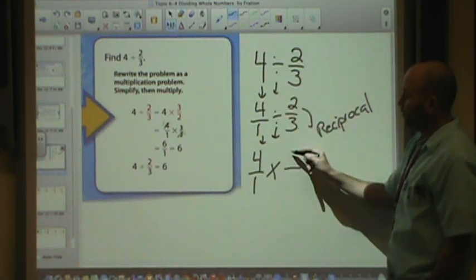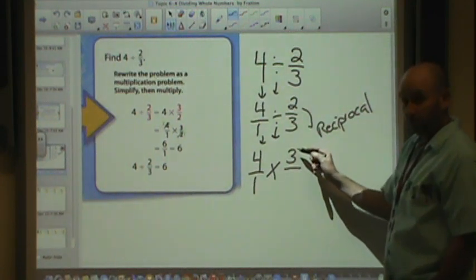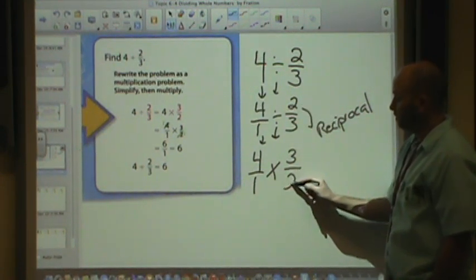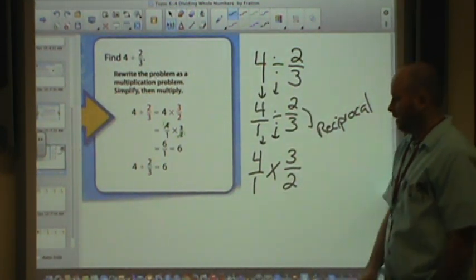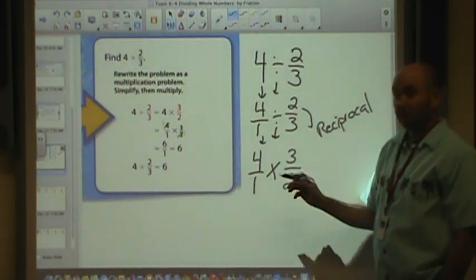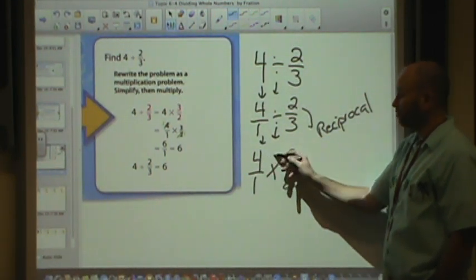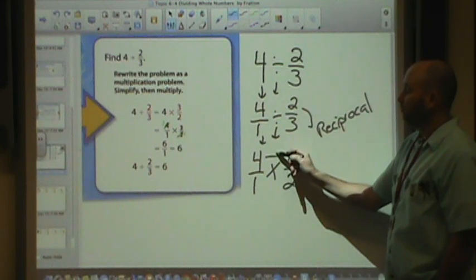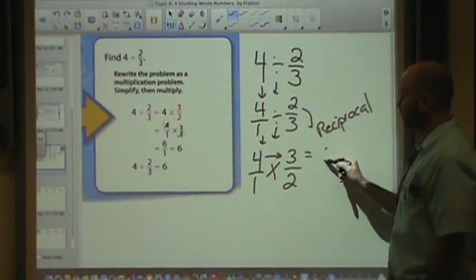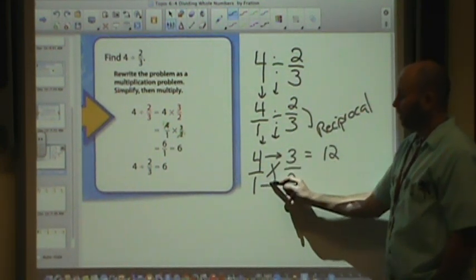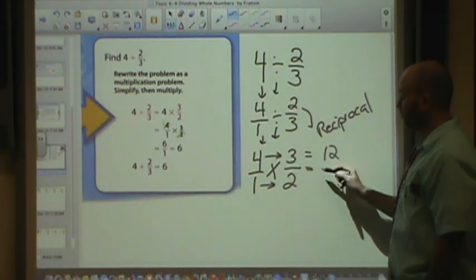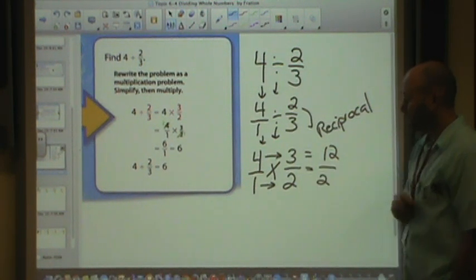So now 3 goes to the numerator and 2 goes to the denominator. Now all we have to do in order to get our answer is multiply straight across. 4 times 3 equals 12. 1 times 2 equals 2.